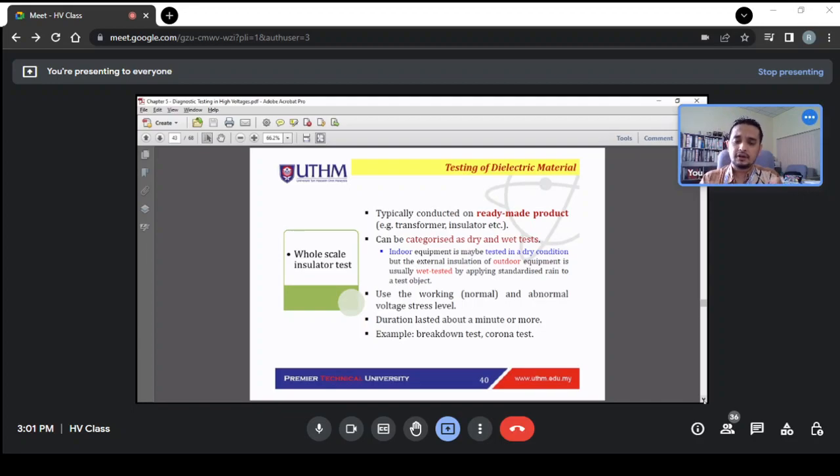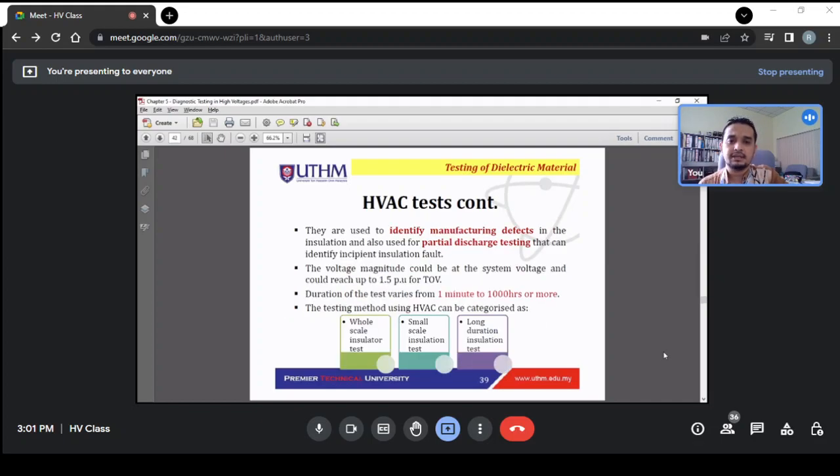And then of course, as we discussed before, we can run the test under dry and wet conditions, because insulators normally are used outdoors. So we need to reflect the real scenario in which sometimes they are dry and sometimes they are wet. So we need to do both. And we also want to see the functionality of the defect test from the manufacturer.